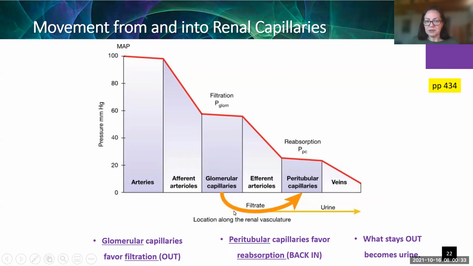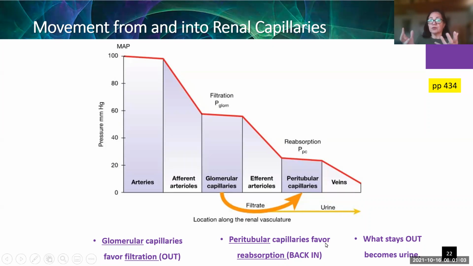That suddenly becomes filtrate. That's the term for it, the stuff that we took out. If you need that closet analogy, it's the stuff that we took out from the closet and just put on the floor temporarily. That's the filtrate. So the glomerular capillaries favor filtration, that is pushing things out. The peritubular capillaries, this is the part of the circulation that's now wrapping itself around the renal tubule.